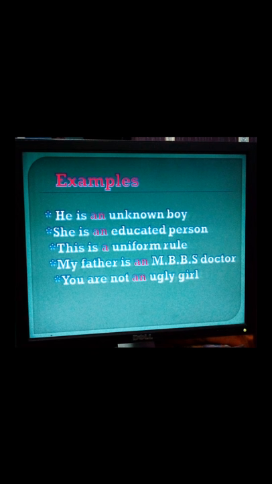You are not an ugly girl, not a ugly. The sound is coming from u. Here I use an because of the vowel sound.